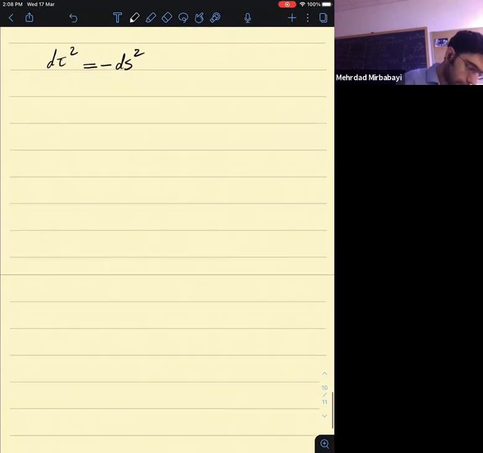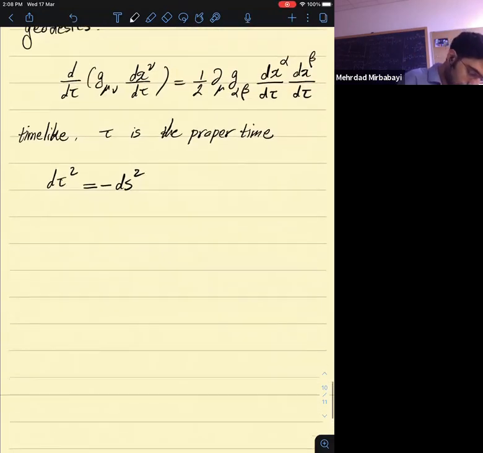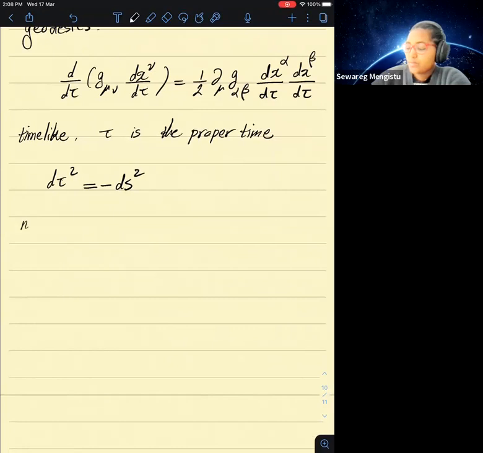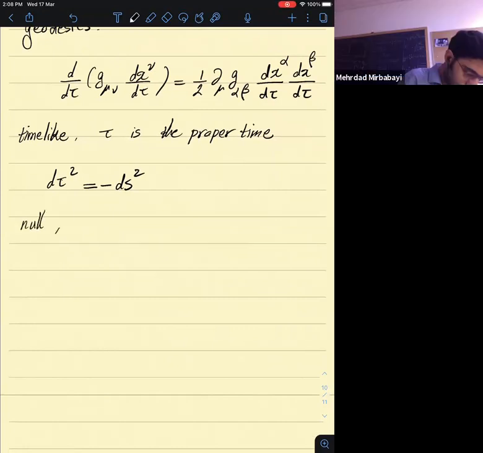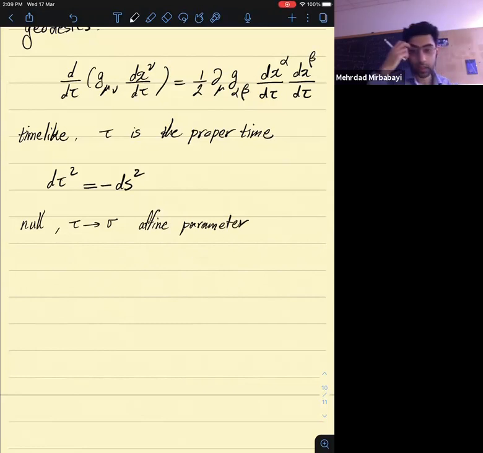And if you have a null geodesic, then normally I would replace tau with another parameter sigma, which is called the affine parameter, because for null geodesics the proper time is 0.